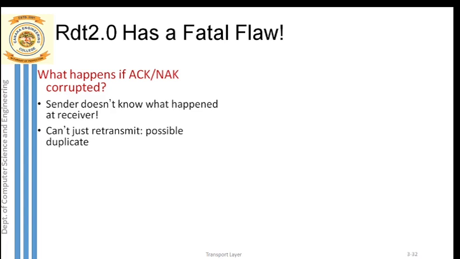If the acknowledgement sent by the receiver gets corrupted, the sender should first of all know whether the received acknowledgement is positive or negative. If the acknowledgement is garbled, the sender should understand whether it is positive or negative, so that accordingly the sender can take an action. So what are the different possibilities at the sender side if it receives a garbled acknowledgement?